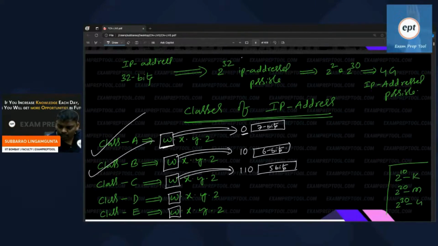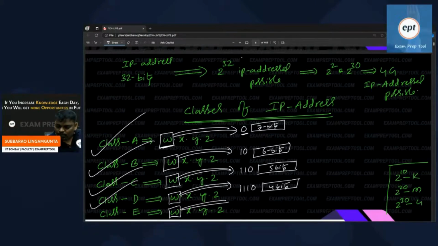In the first octet, 8 bits, it is 1110 followed by 4 bits. That is going to be class D. Because I have to see only the prefix in the first octet, it is almost like an STD code.